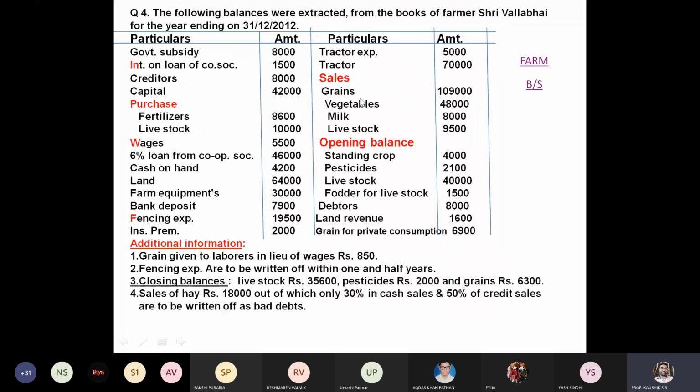Sales, grain, vegetable, and milk as income, credit side of the farm account.